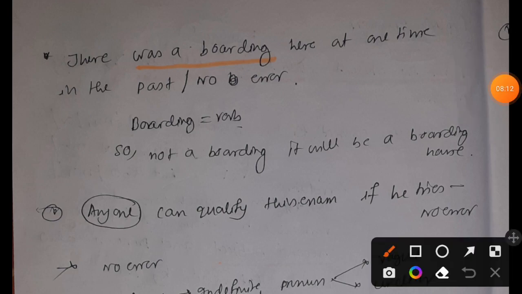As there is already a verb present, boarding will not be the verb here. So this is the error: in place of boarding there should be boarding house or boarding hotel or anything like that, right? So that is the idea.